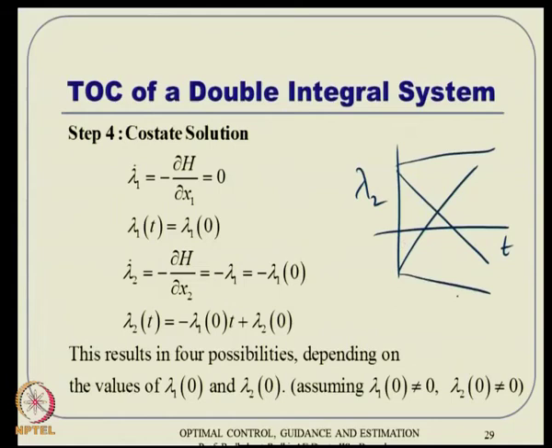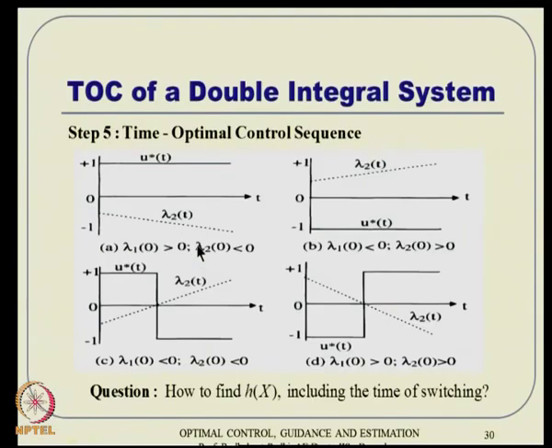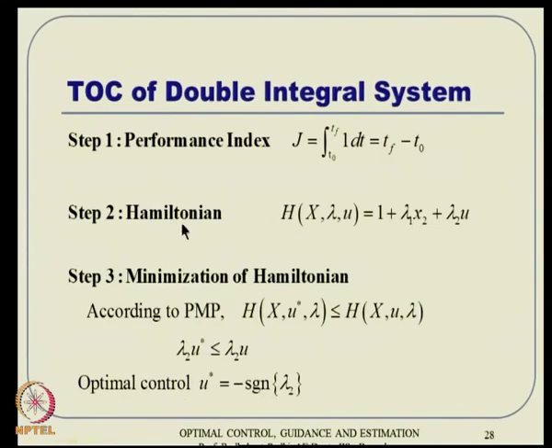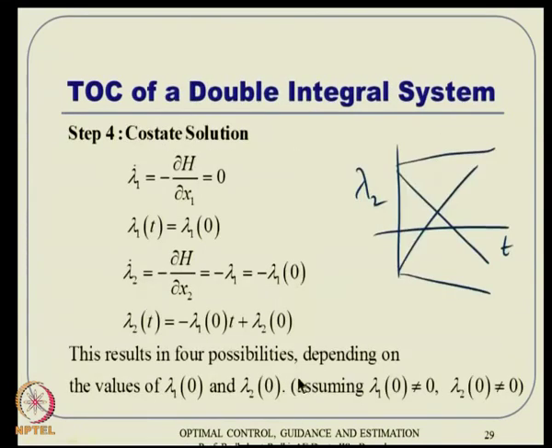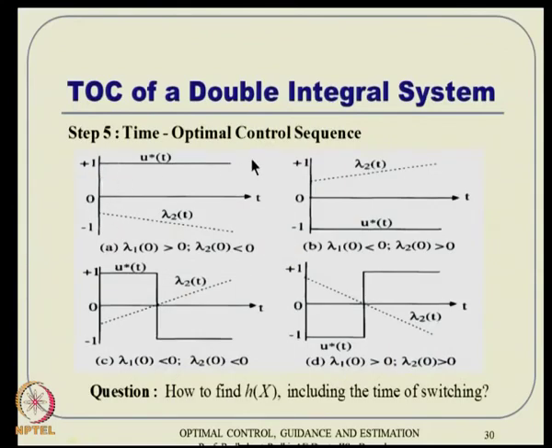So, there are 4 possibilities, depending on the constants lambda 1 naught and lambda 2 naught, and we need to see what happens in all 4 cases. If lambda 2 starts negative and remains negative, then according to our law, control is negative signum of lambda 2, so control has to be plus 1. Similarly, if lambda 2 is all positive, then the control has to be minus 1 throughout.